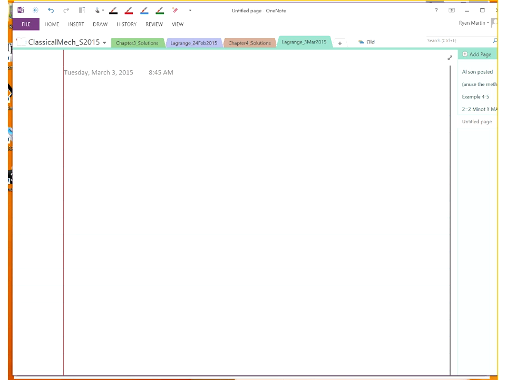Let me use equation 1 and equation A. So equation 1 was m x double dot equals lambda 1 tan theta. Right? I just moved the lambda 1 tan theta to the other side.